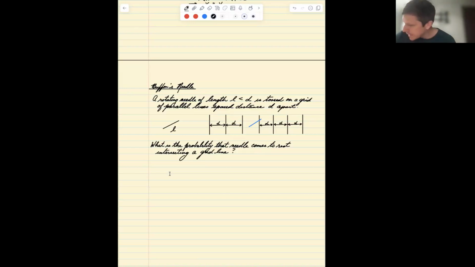Okay, so in this example, it did come to rest intersecting.